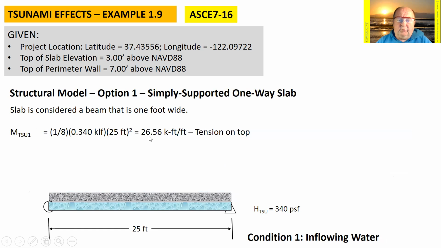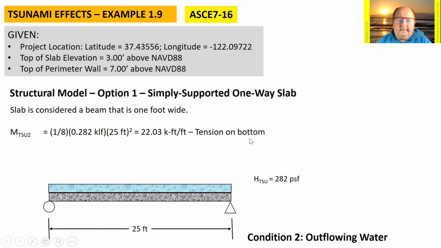I'm going to get a moment of 26.5 kip-feet per foot of width of slab, causing tension on the top of the slab. In the second case, I have the pressure pushing down on the slab. Now I get a moment of a little over 22 kip-feet, but this one's creating tension on the bottom of the slab.